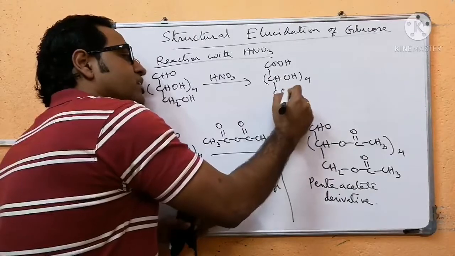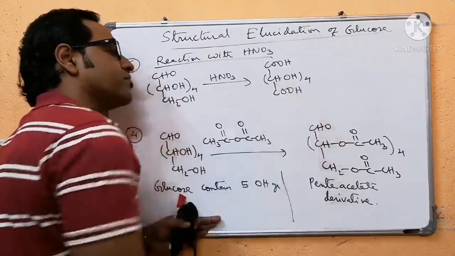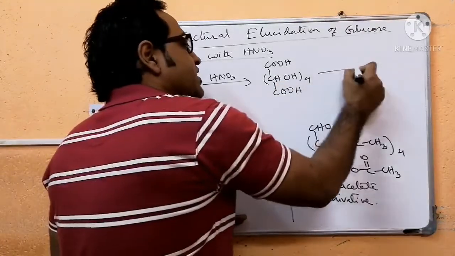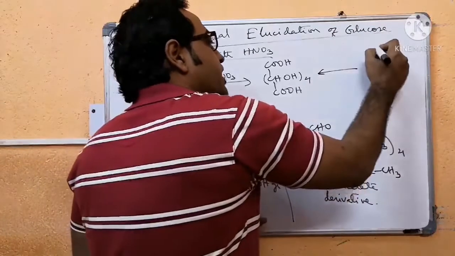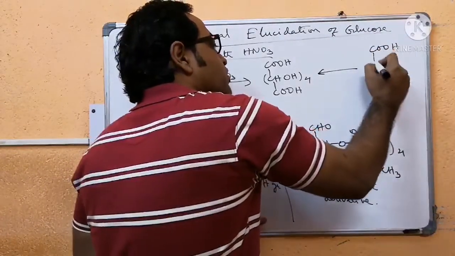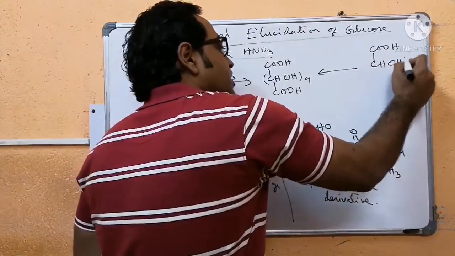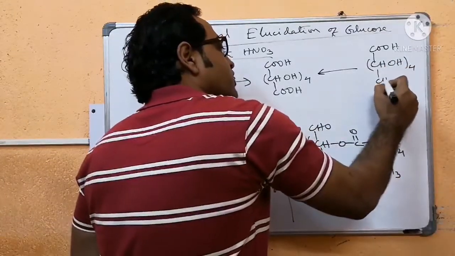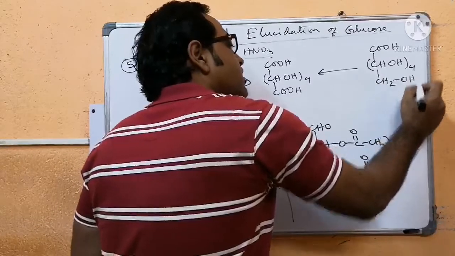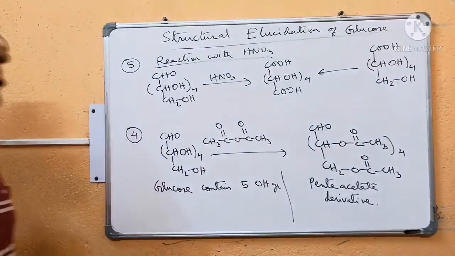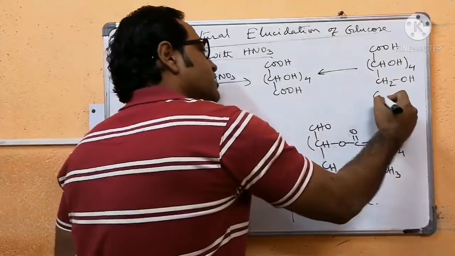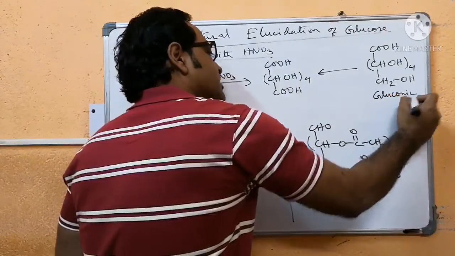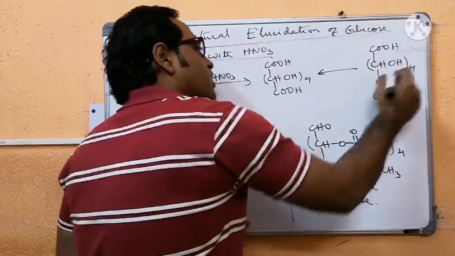A dicarboxylic acid is formed. Even this dicarboxylic acid can be obtained from the monocarboxylic acid, which we have got in the bromine water reaction. This is gluconic acid, the monocarboxylic acid.